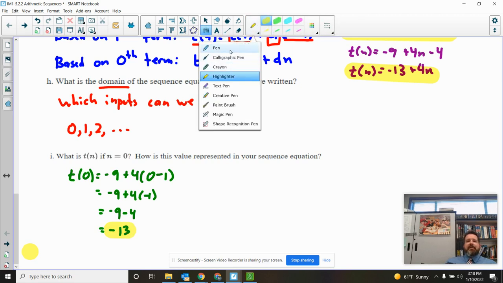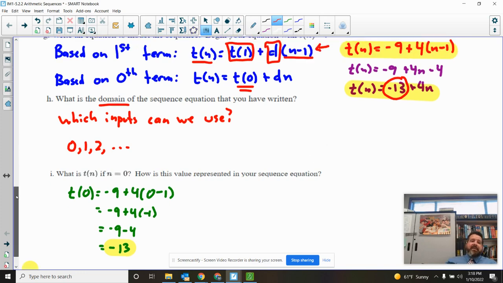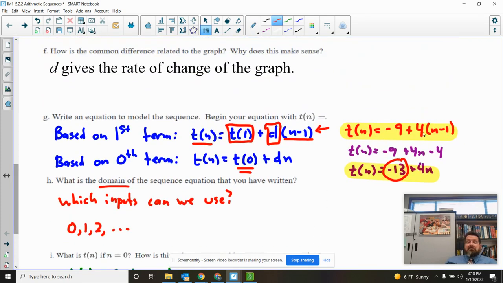Do you see that number showing up right there? Take a look at that second equation form. I told you it's going to start with the value of the 0th term. Well, there it is. It's the 0th term. So how is this represented in the sequence equation? If you leave it in the first form, it's not. You can't see that term anywhere.